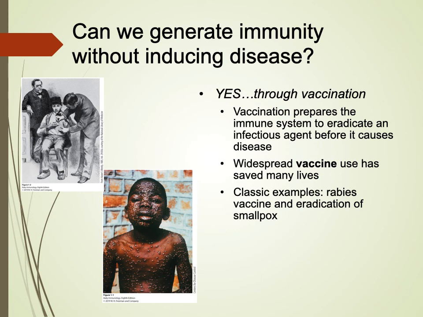This is the same premise as vaccinations. Vaccination would be your primary exposure, so that if you're exposed to the pathogen as your secondary exposure, you would have protection against it. In some vaccines, you need multiple doses to get enough of an adaptive response and good T cells and good B cells to have that protection. But the idea is that you would then have long-term immunity because of that memory population.